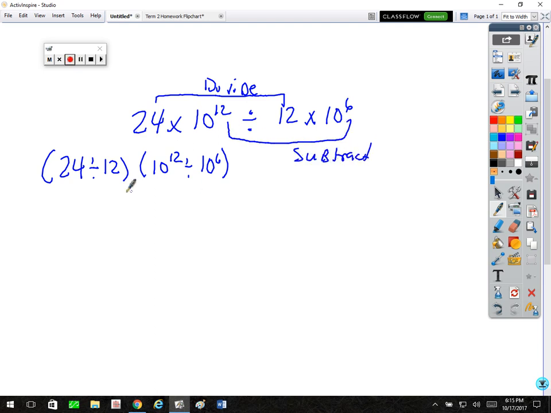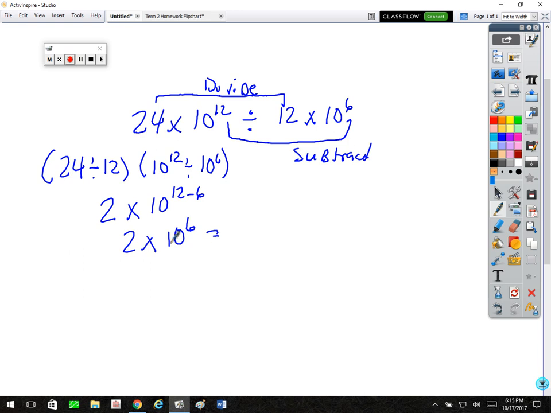Alright? So here we go. 24 divided by 12. All I do is rewrite it. 24 divided by 12 is 2 times 10 to the 12 divided by 10 to the 6 is 10, 12 minus 6. Numerator exponent minus denominator exponent. So my final answer is 2 times 10 to the 6th power.